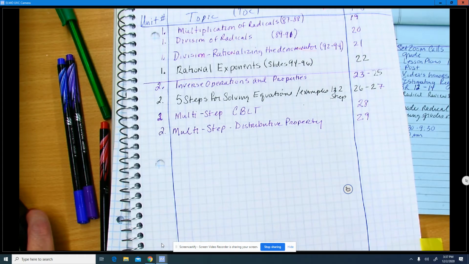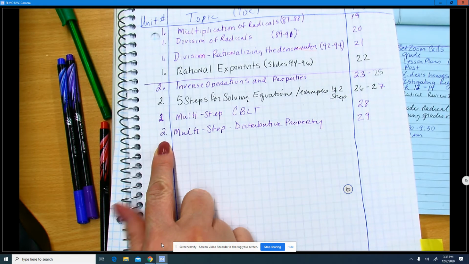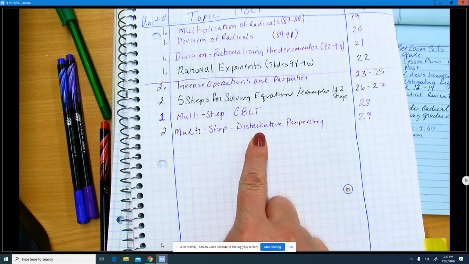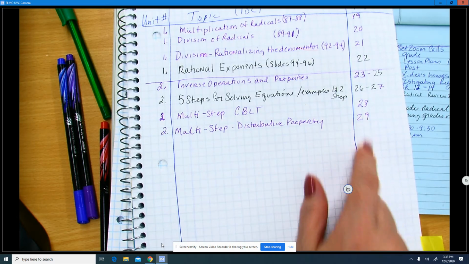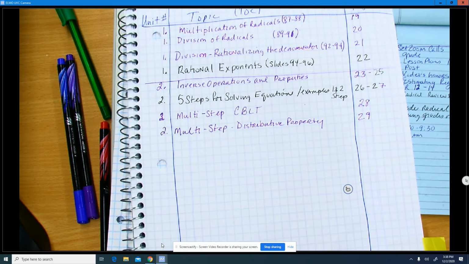Okay, so we're going to focus today on, again, solving equations, specifically on the distributive property step. So Unit 2, multi-step, distributive property, and we're on page 29 in our notebook.